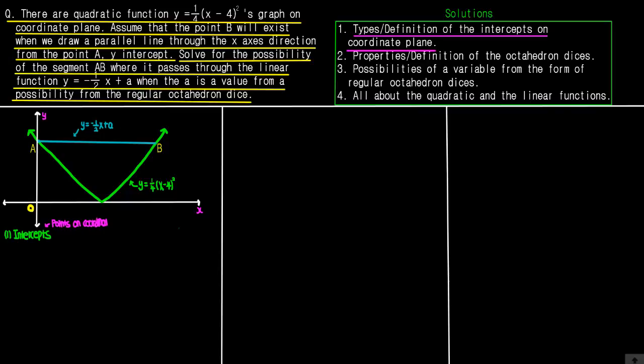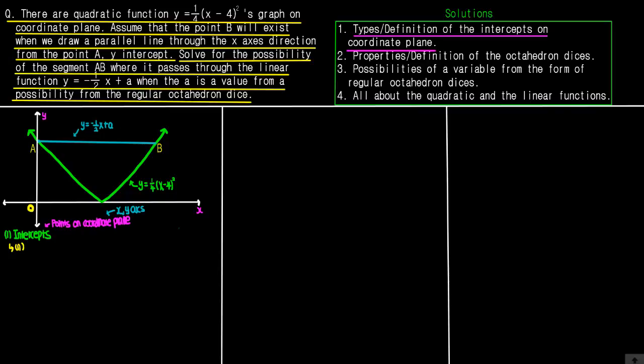The coordinate plane is a formation containing the x-axis and the y-axis, which means a point on the coordinate plane can be on either the x or the y-axis. Therefore, there will be two situations for the intercepts.